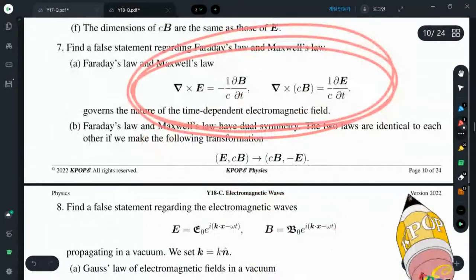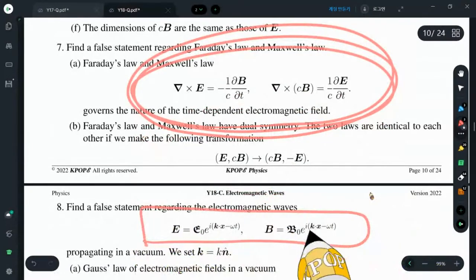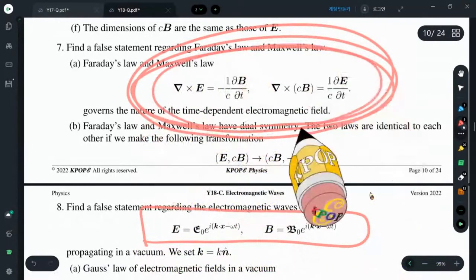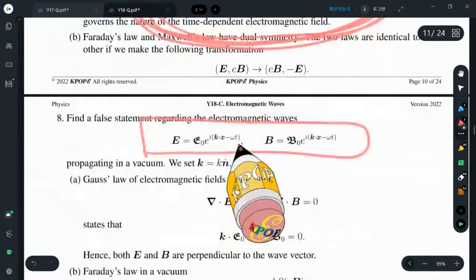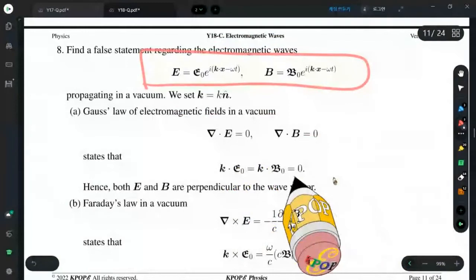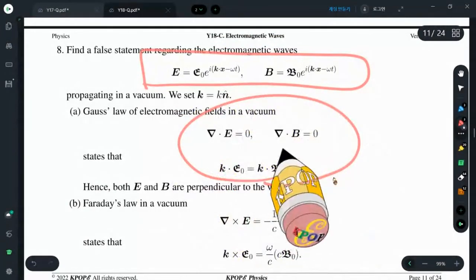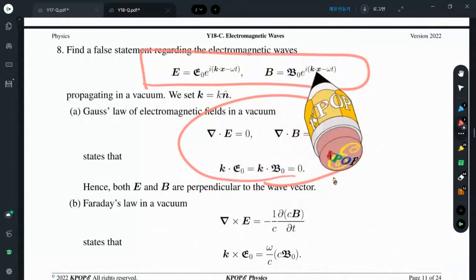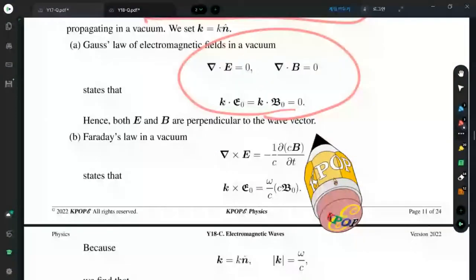However, it's not very difficult. We know the trial solution. We substitute this trial solution into these two equations of motion for the electromagnetic field. Previously, we have obtained that they are transverse waves, perpendicular to the wave vector k.